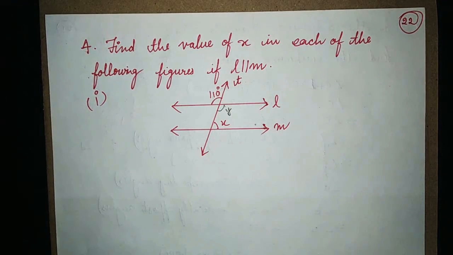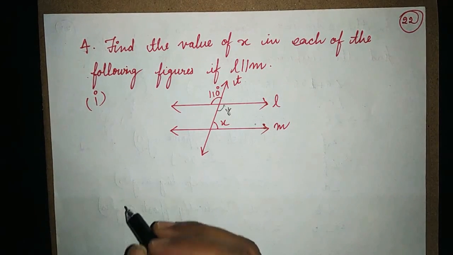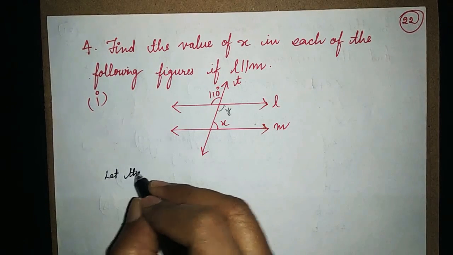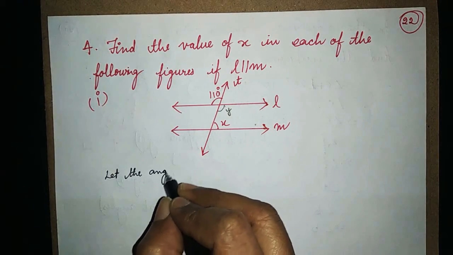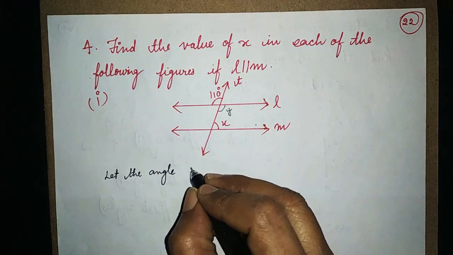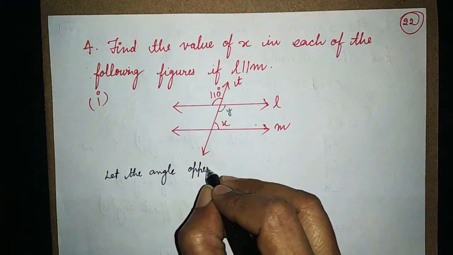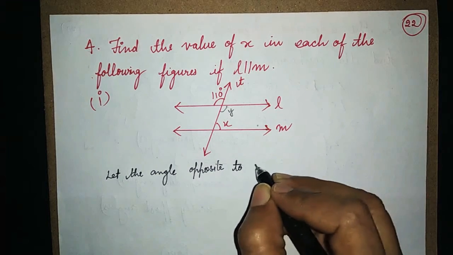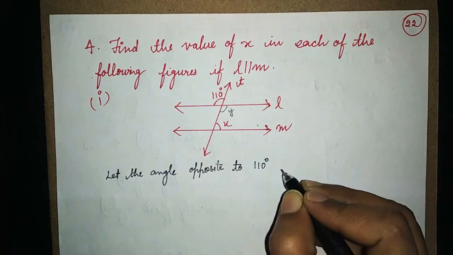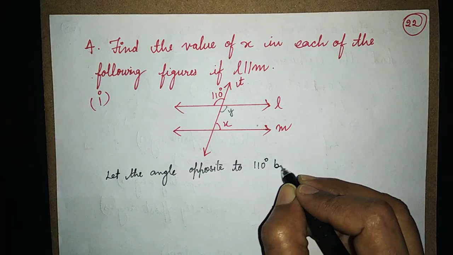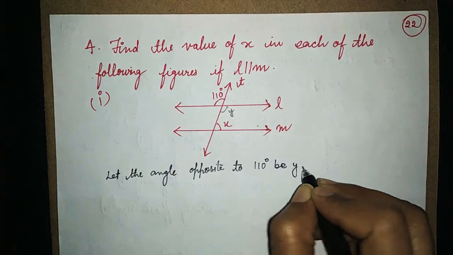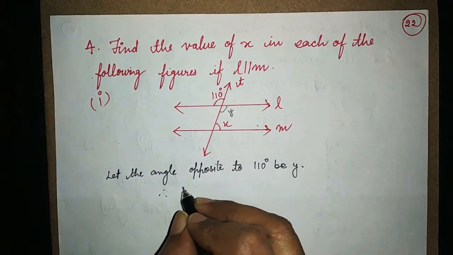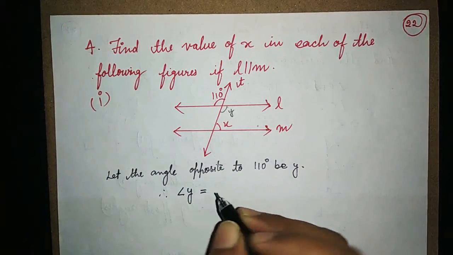So for this we will write, let the angle opposite to 110 degree be Y.